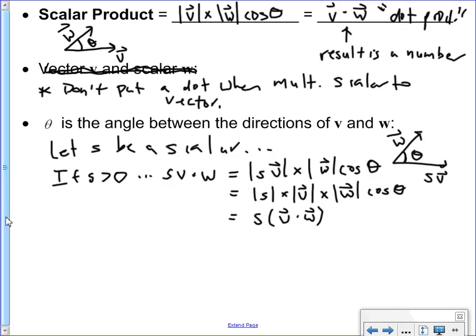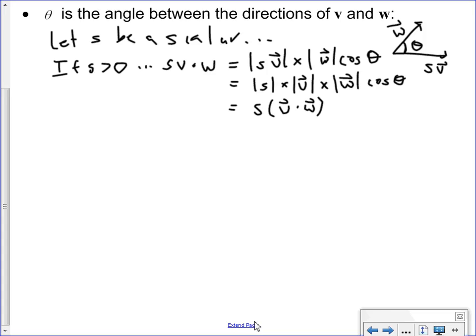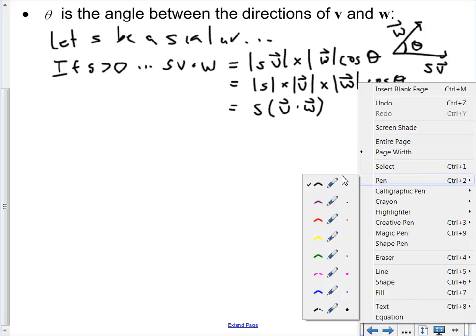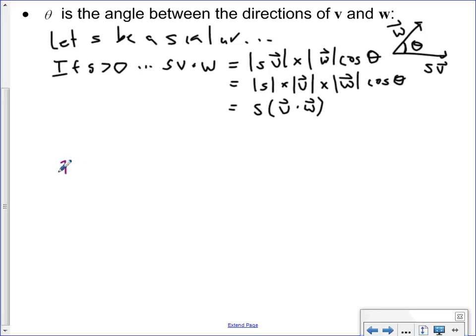If s is less than 0, change signs. Then what's going to happen, the only difference with this, is here's w, and this time your angle is going to go the opposite direction.